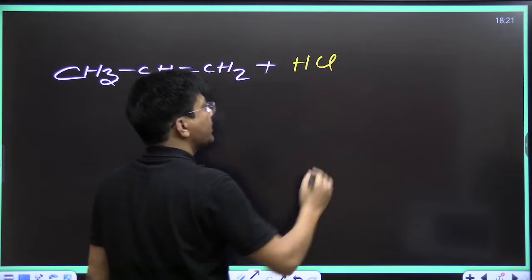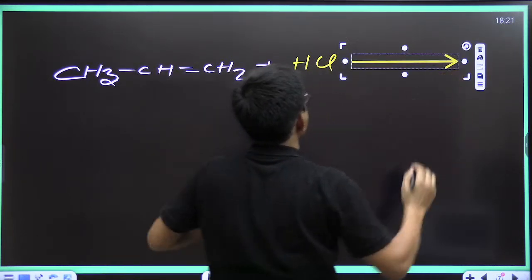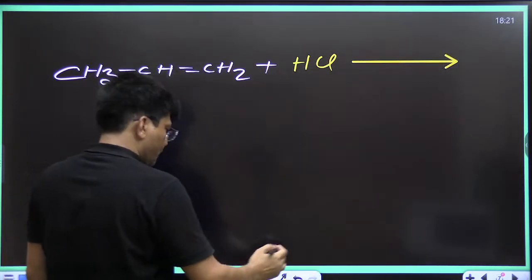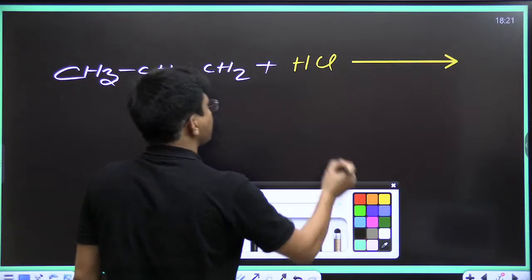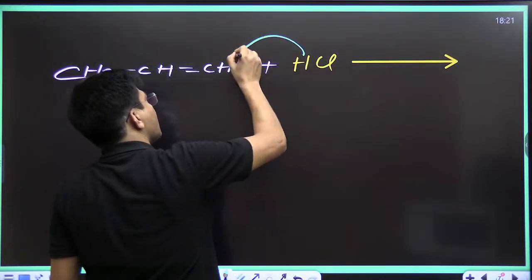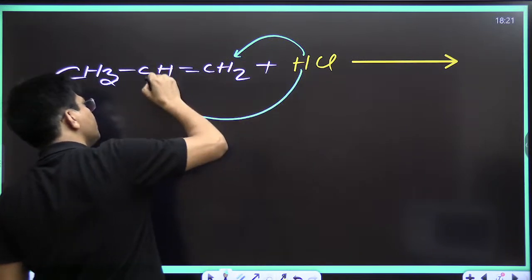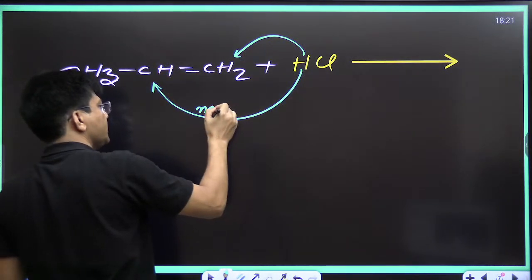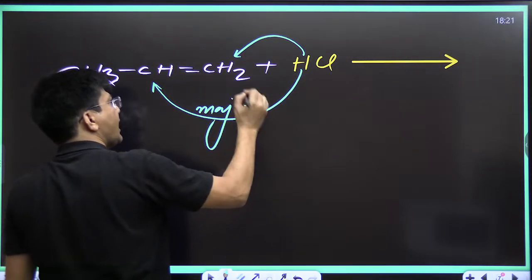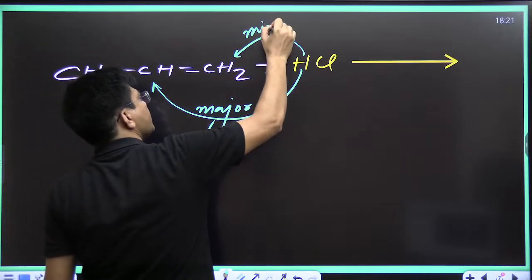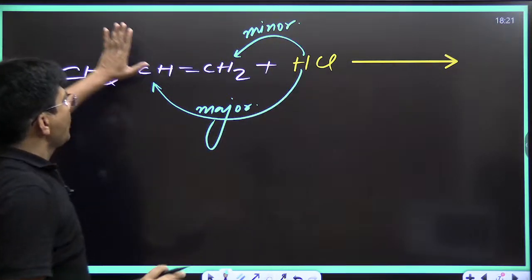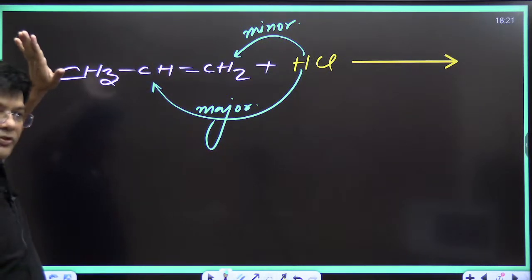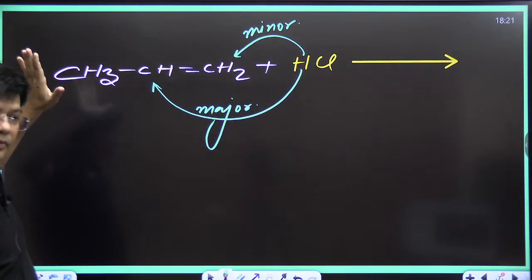What product are you going to get, my dear friends? First of all, add the proton. Where will the proton attack? The proton will go to this carbon also, and the proton will go to this carbon also, but this will be the major part and that will be the minor part. It means you are going to get two types of carbocations, my dear friends.